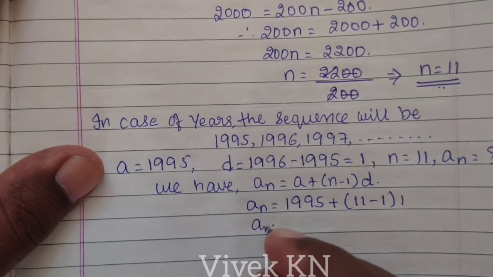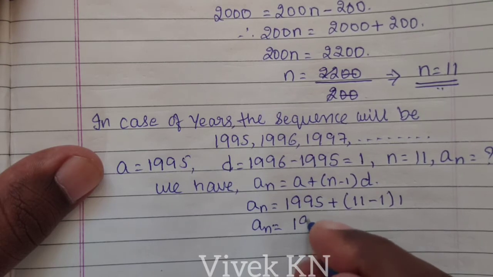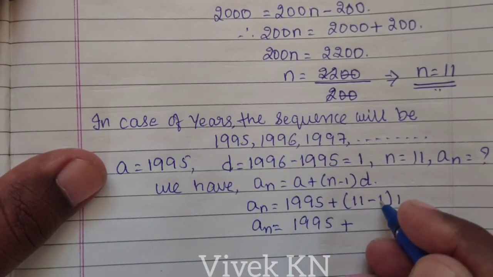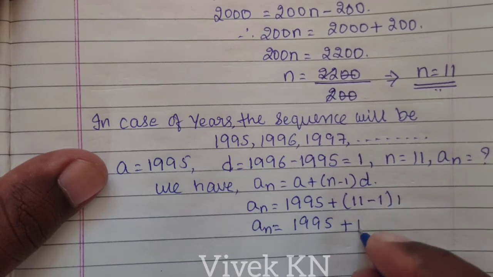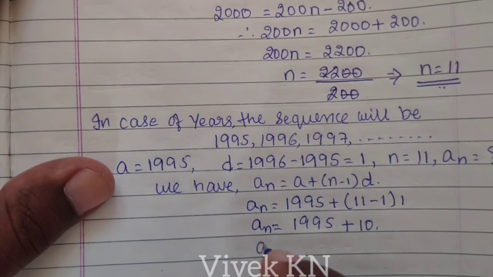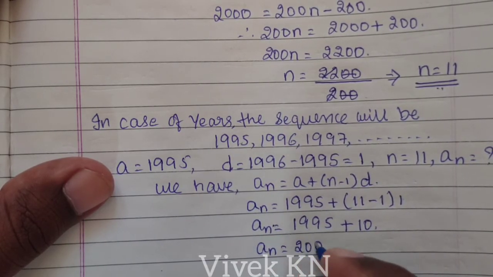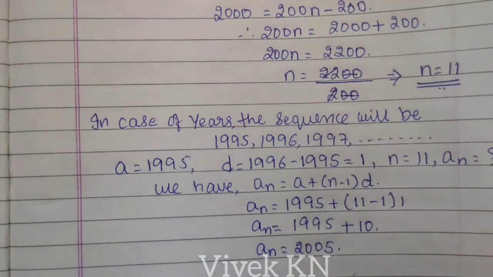That is an is equal to 1995 plus 11 minus 1, that is 10, into 1, 10. So the value of an is 1995 plus 10, it becomes 2005.